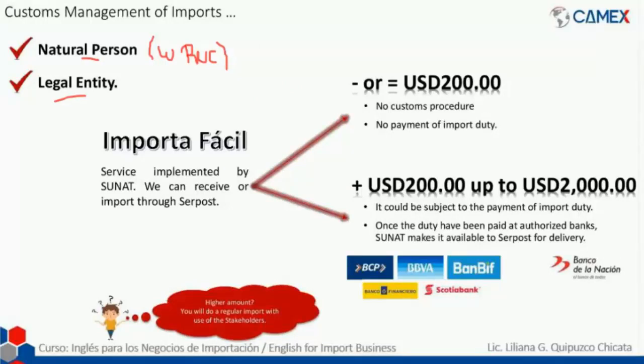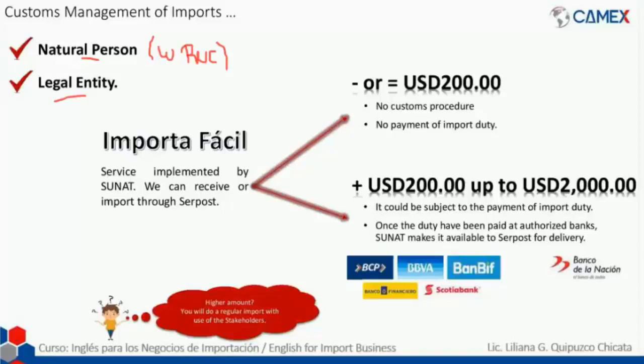You can import as many times as you want, if the products that you're going to bring are for your own use.